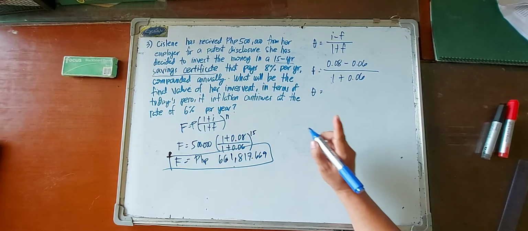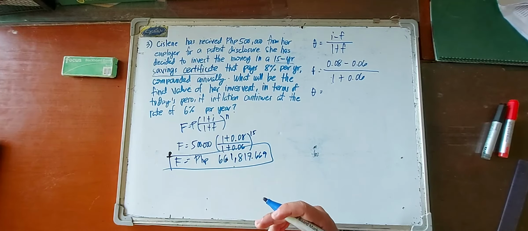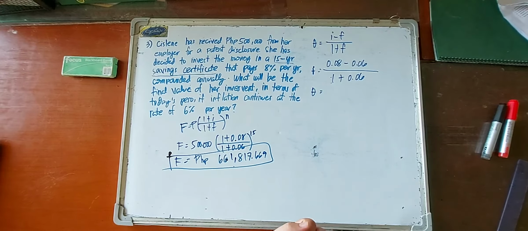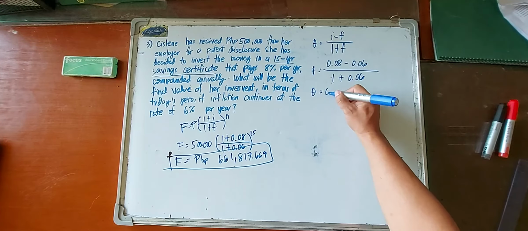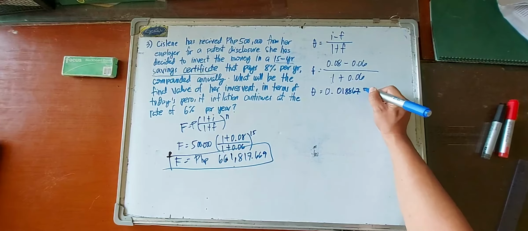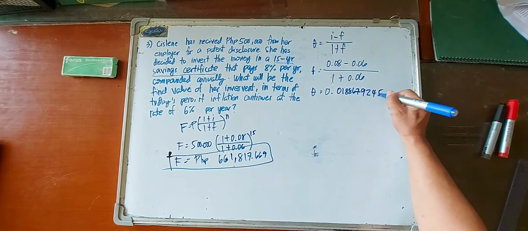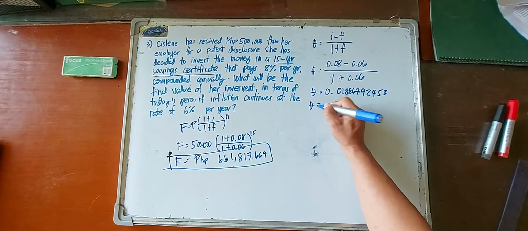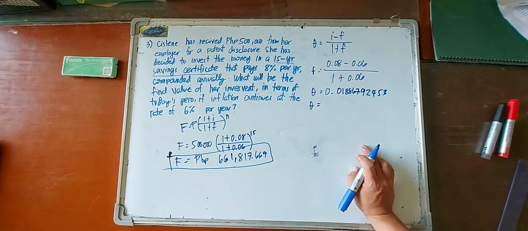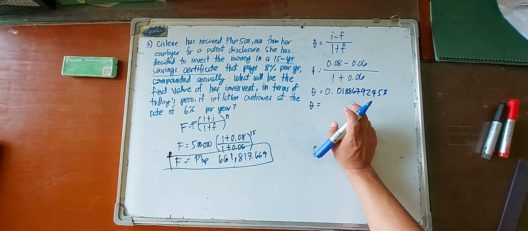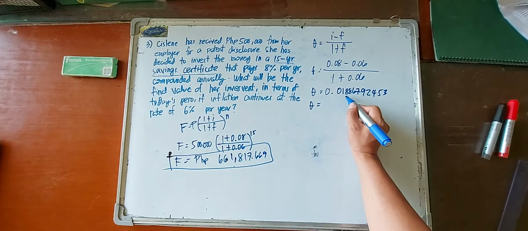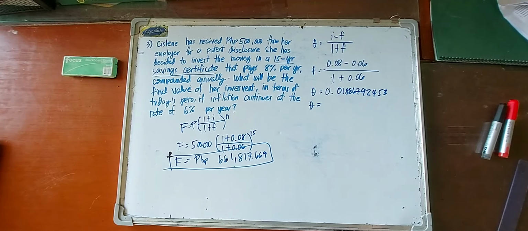So the composite interest, the combined effect of interest and inflation is equal to 0.01886792453. Sinunod ko lahat ng nasa calculator. Okay, or you can just round it off to, let's say, 4 decimal places siguro. Pwede na.